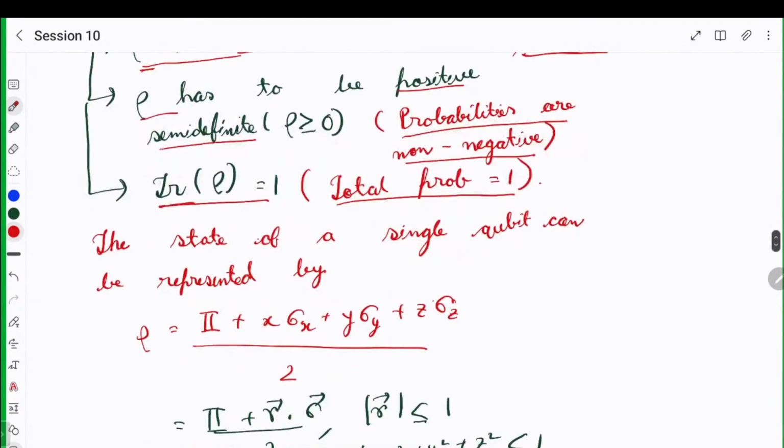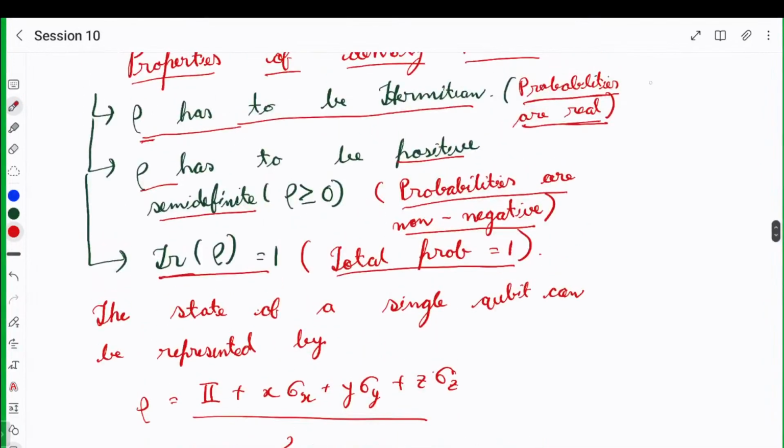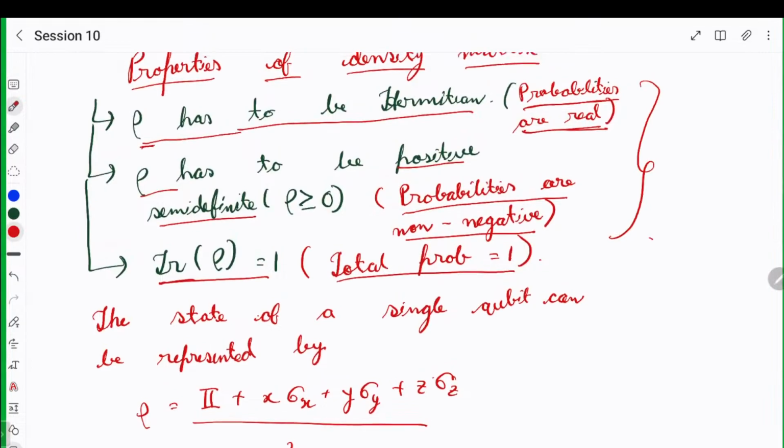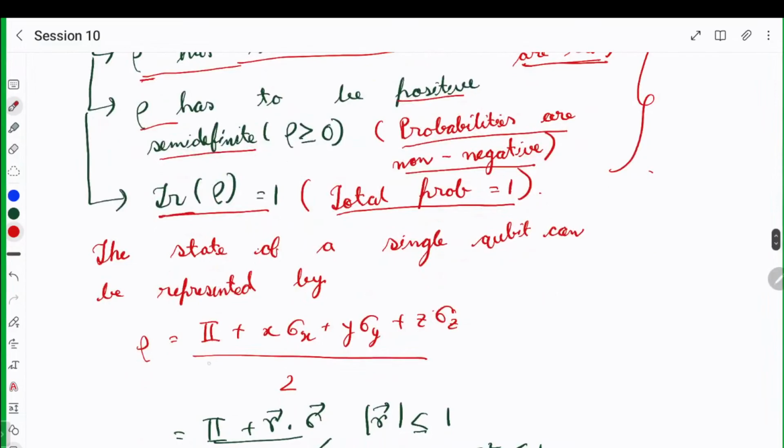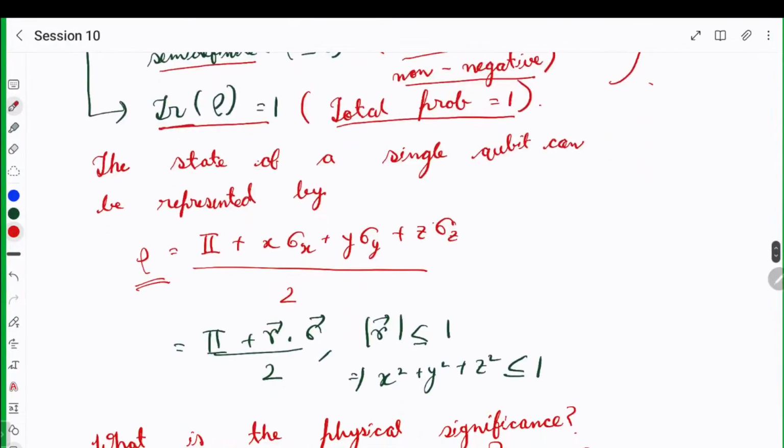If we apply these three constraints on the density matrix, then we can write it in this form. We had derived it last time. It would be I plus x sigma x plus y sigma y plus z sigma z, divided by a factor of 2.